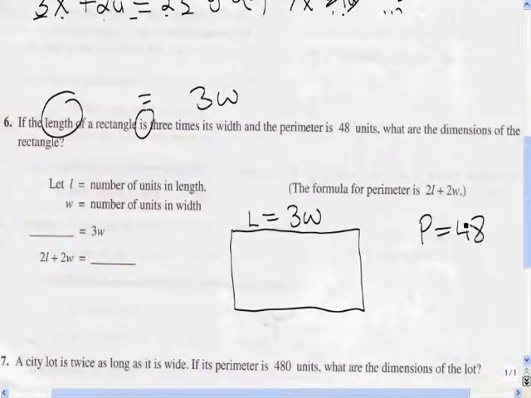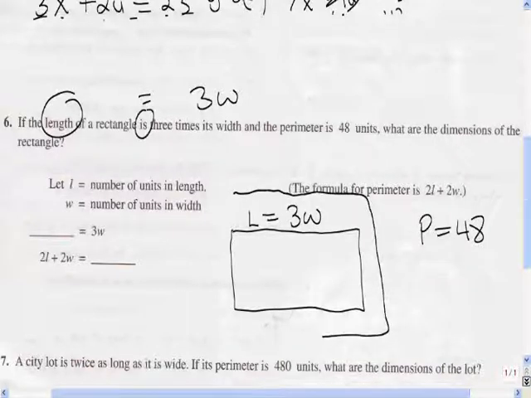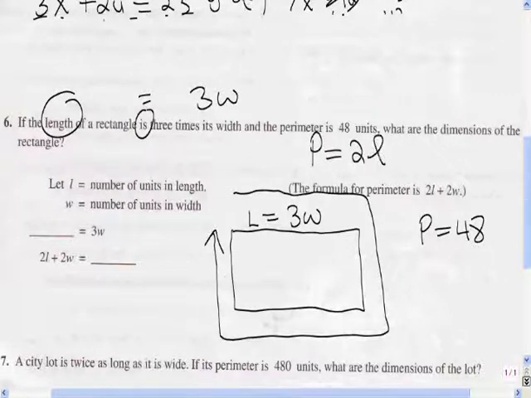The perimeter of anything is the distance all the way around that object. Starting here, the distance all the way around is the perimeter. And the formula to find a perimeter is 2L plus 2W. That's the formula for perimeter.